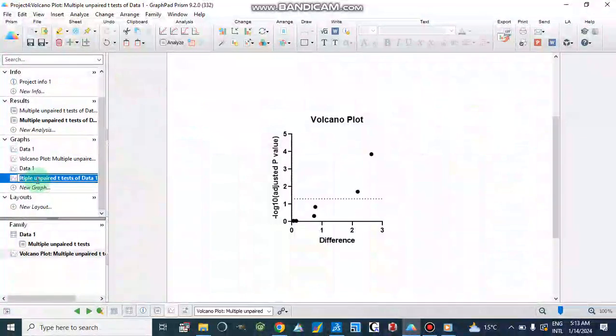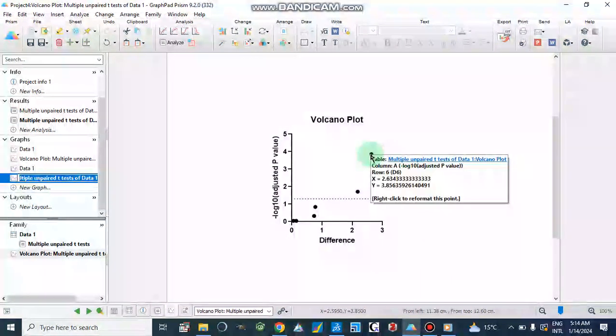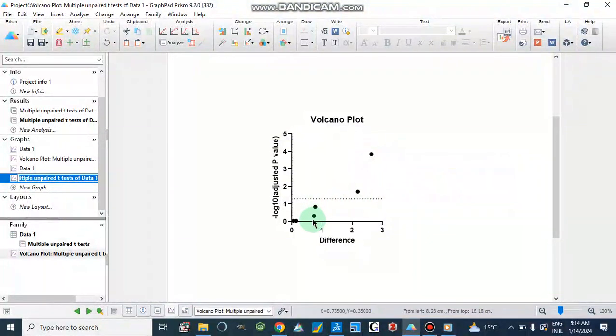Like here we have this graph, volcano plot, and this volcano plot actually tells us the difference, that is minus log of adjusted p-values, and it tells us that these two data on day 4 and day 6 represent that our results are significant, and these four dots represent that the data is not significant.